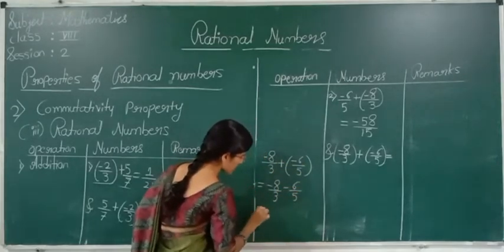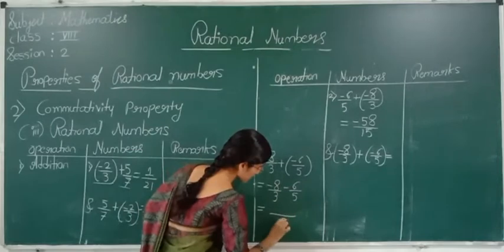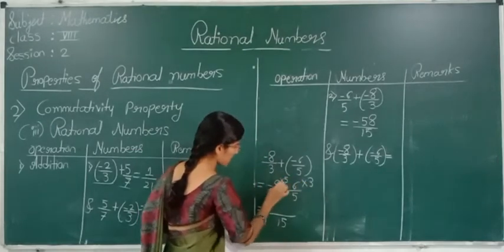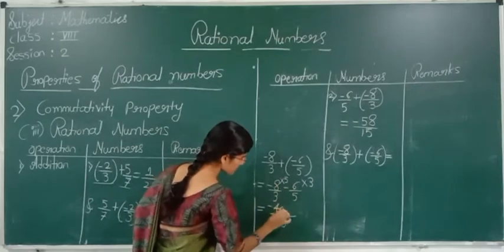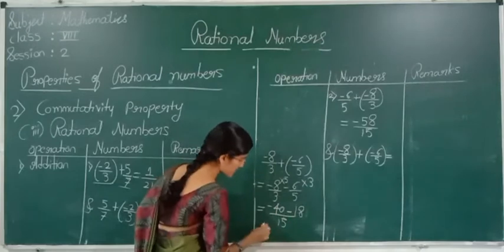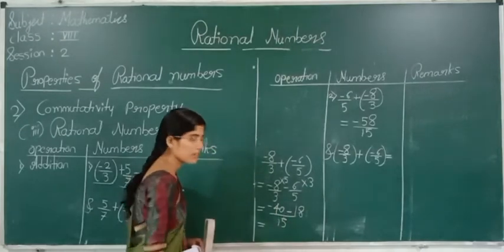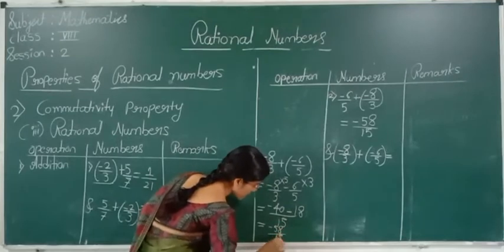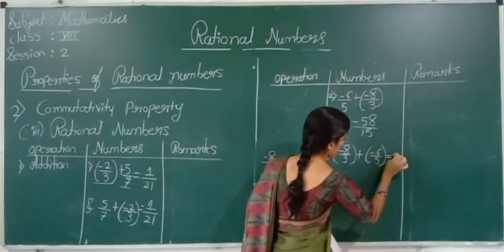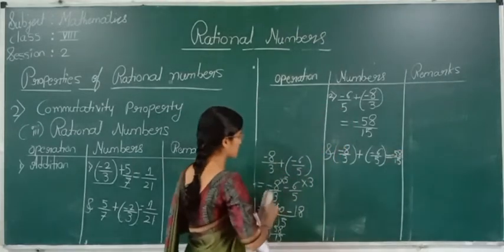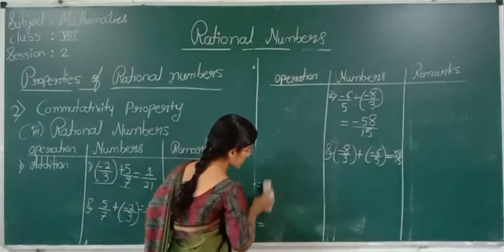The LCM of 3 and 5 is 15. 3 5s are 15, 8 5s are 40, 6 3s are 18. Minus minus is plus. 40 plus 18 is 58. It is minus 58 by 15. What result are we getting? Minus 58 by 15.